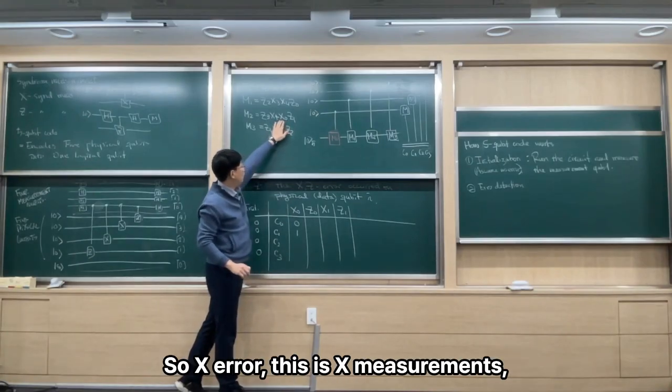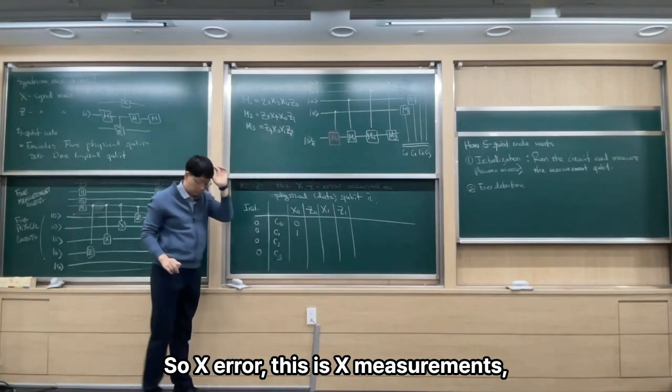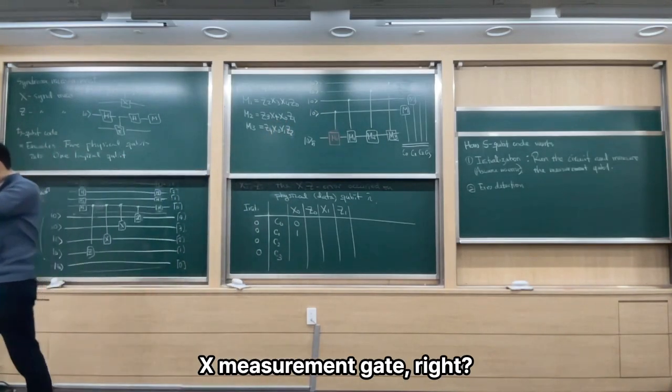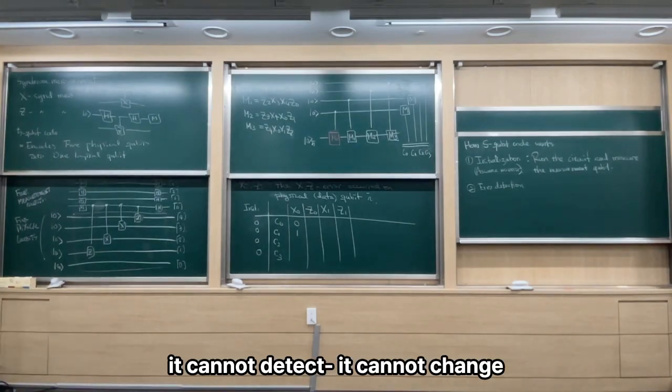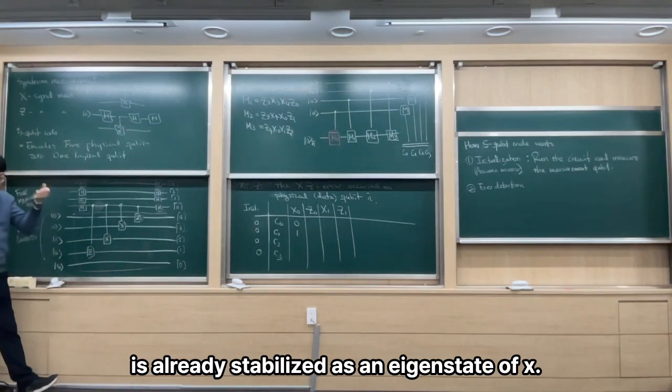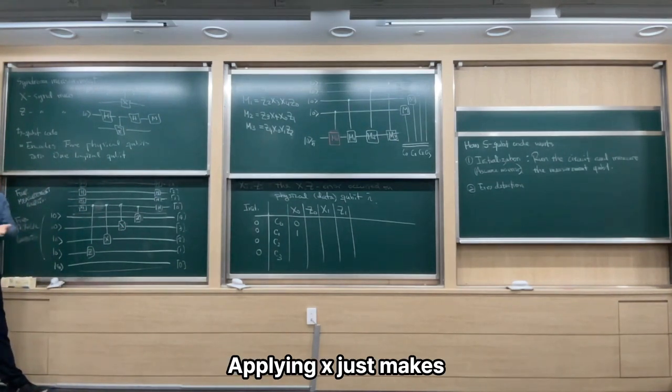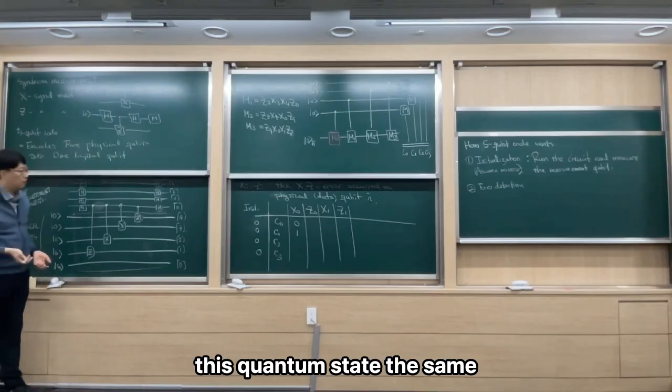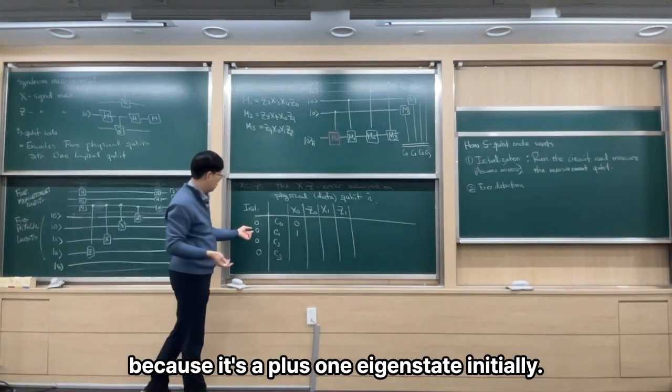This is an X measurement gate, right? If you have an X error, it cannot change the measurement outcome because the quantum state is already stabilized as an eigenstate of X. Applying X just leaves the quantum state the same, because it's a +1 eigenstate initially.